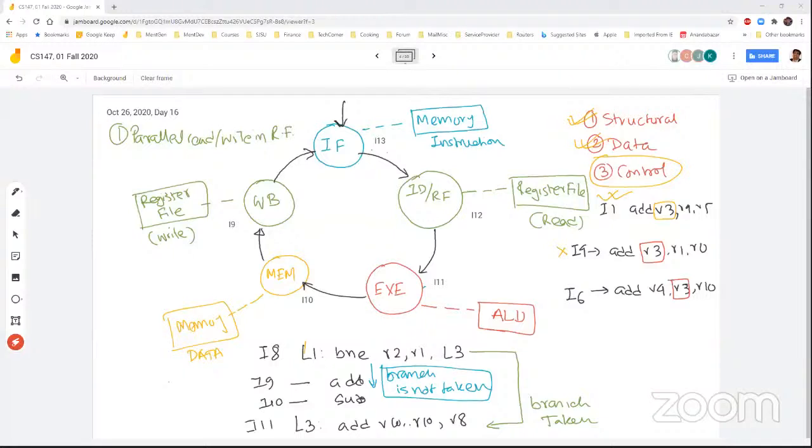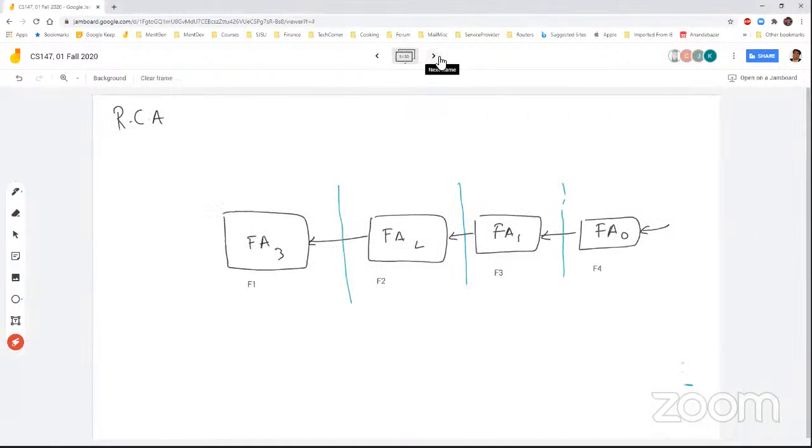And the conflict in memory between the MEM stage and the instruction fetch stage was resolved by separating out the data memory and instruction memory, somewhat following a Harvard architecture. In fact, in this architecture we have a mix of von Neumann and Harvard.